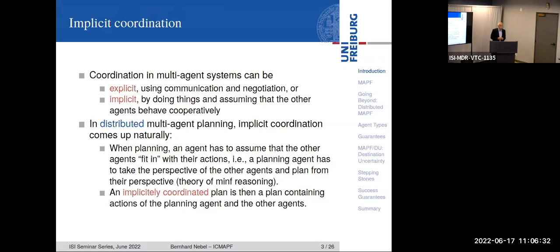And so an implicitly coordinated plan is just a plan which contains actions of oneself, where I take the nail, and then the action of the other agents, well, the other agent should take the hammer. And, of course, that doesn't necessarily lead to a good result because the agents might have different assumptions, but, well, there are circumstances when it works out.